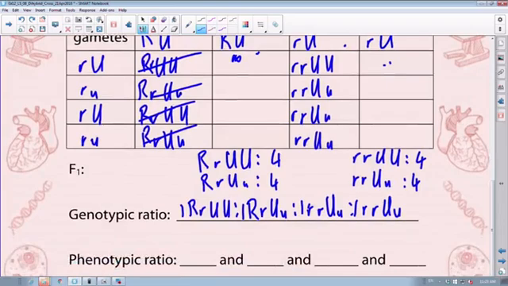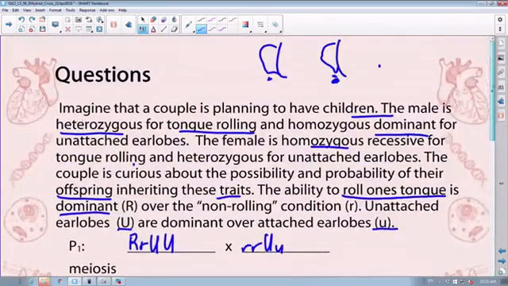Okay, so we know big and small, big and big means they've got unattached earlobes. So let's see what we have over here.